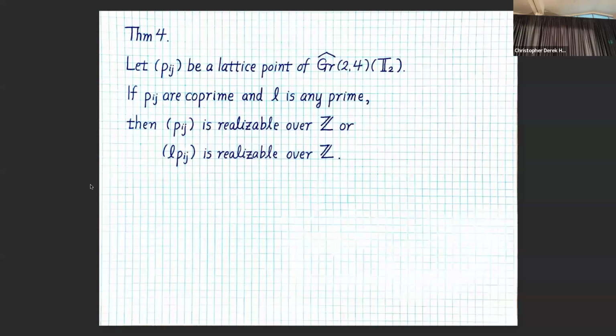What you can prove is that if you have a point Pij in Gr24 T2, not up to a multiple, because we are trying to answer questions about realizability over Z, then in the case when the Pij are coprime, given any prime L, either Pij is realizable over Z, or L times Pij is realizable over Z. So by the previous theorem, we know that 1, 1, 1, 1, 1, 3 is not realizable over Z. And by this theorem, we know that 2, 2, 2, 2, 2, 6 is realizable over Z, or really any other prime power multiple of 1, 1, 1, 1, 1, 3.